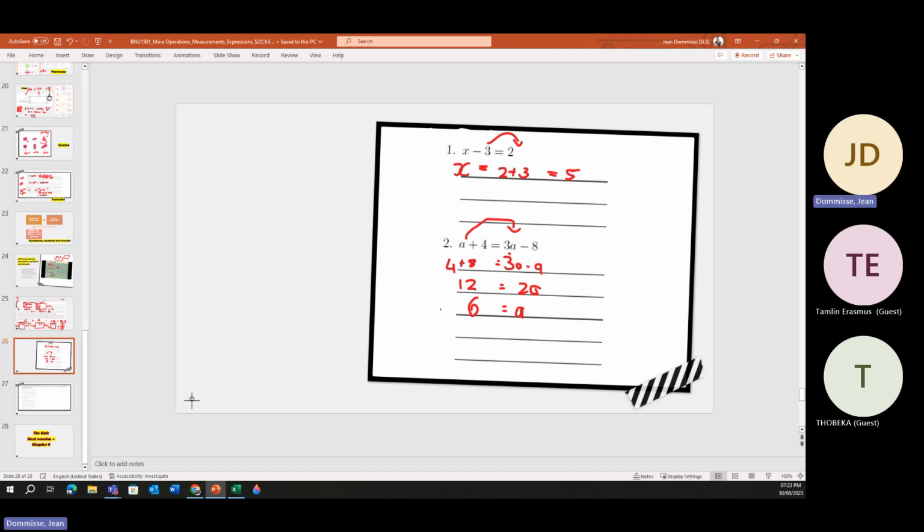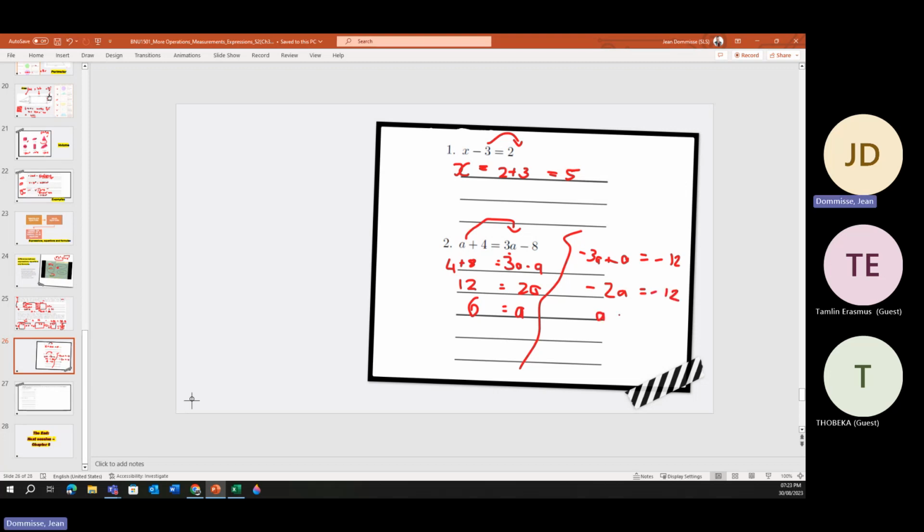If I did it the other way around, if I said, okay, let's move the 3a to that side, it would have become minus 3a plus a. On the other side, that minus 8, I would have taken the 4 across. So the positive 4 would have become a negative 4. So it would have become negative 12. So negative 2a would have been negative 12.